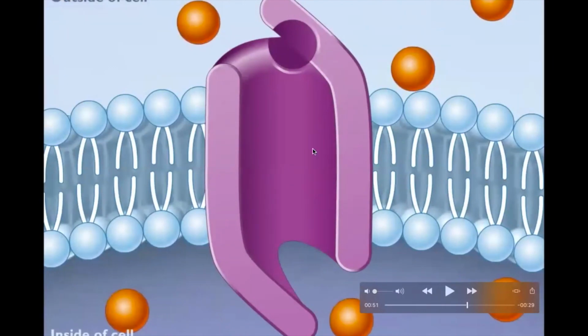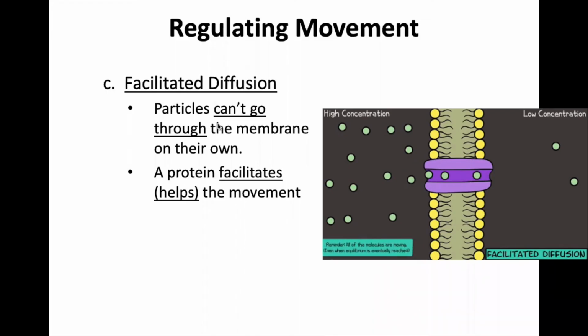Did you see any ATP in here? No, you did not use any of your own energy. So this is still passive transport, meaning nature just happened. You did no work. So the particles can't go through the membrane on their own, so proteins will facilitate, will help the movement along. Nice and easy.